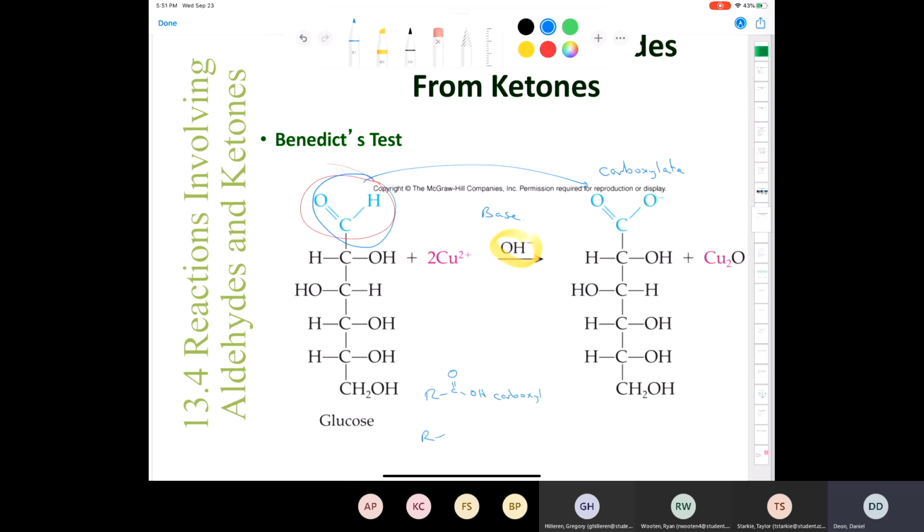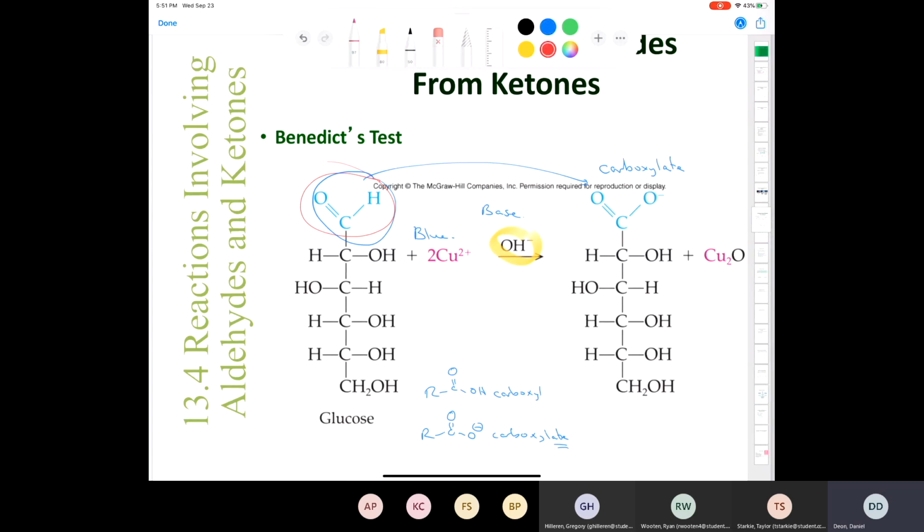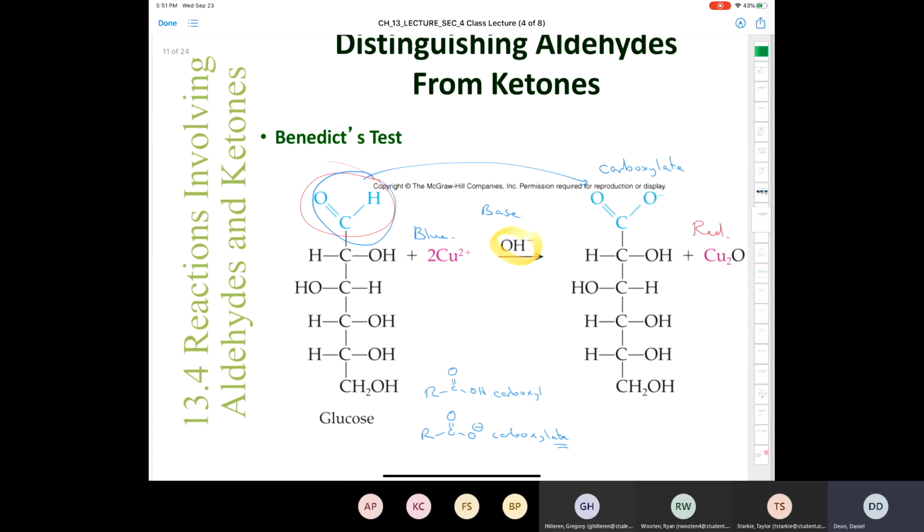If we remove a proton and make the conjugate base, this is called a carboxylate. If you think about the suffix ate in chemistry, sulfate, nitrate, perchlorate, think about negative charges. All right, there we go. And again, we have our blue copper 2 plus ions, and then we have our red copper 1 ions. Benedict's reagent, very cool reagent.